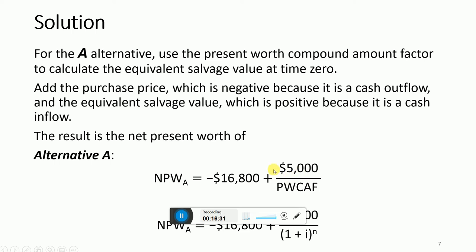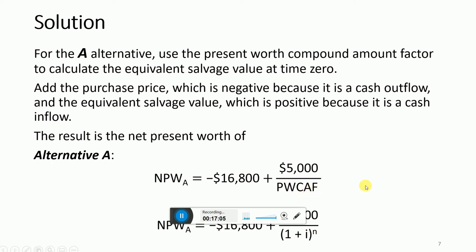So we have to calculate it by dividing the 5,000 salvage value, which comes after 4 years, by the present worth compound amount factor.